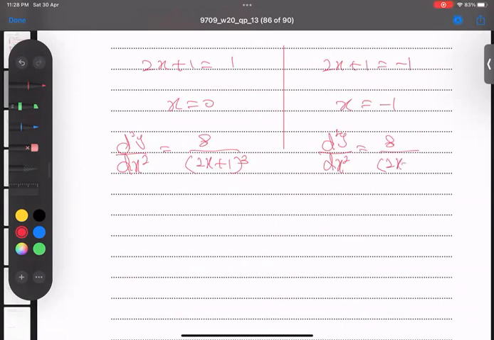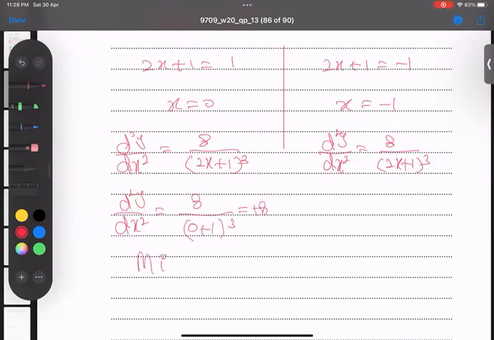So after this, I will plug in 0 and -1. I'm going to plug in 0 here. When I plug in 0, the second derivative: 8 over (0 plus 1) to power 3, I get +8.